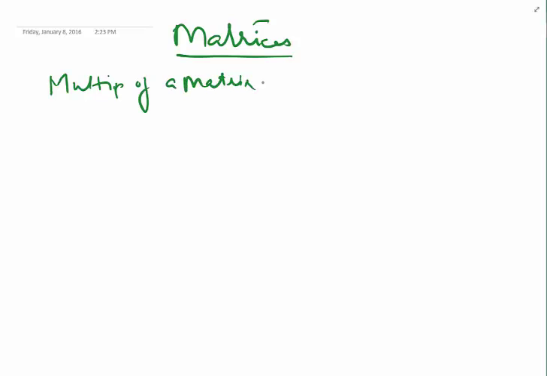Alright, in this lecture we are going to talk about the third operation on matrices called multiplication of a matrix by a scalar or a constant number.